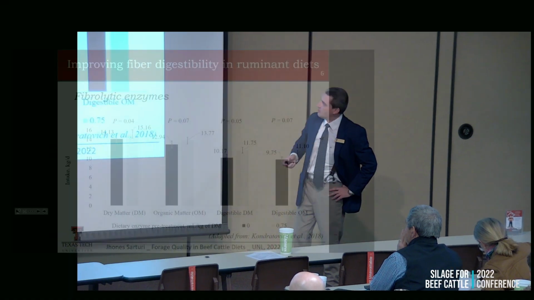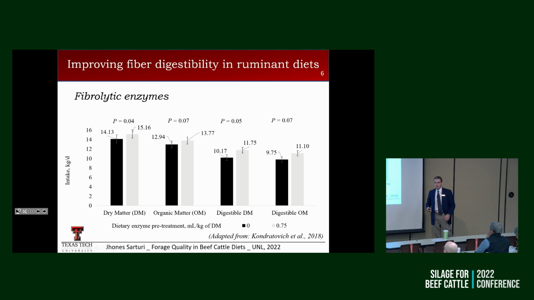Okay. So a couple of other things you could do, other than selecting and having good practices, to improve fiber digestion. There are some technologies, some strategies that you could actually mix into your diets afterwards, right? So fibrolytic enzymes: positive effects of fibrolytic enzymes inside the silo could also be replicated inside the animal, right?